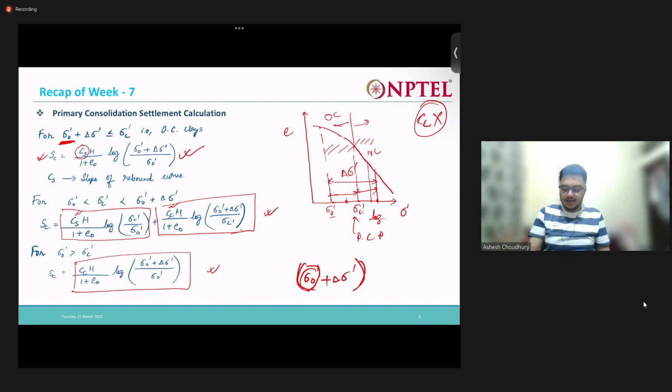And my third case is that my whole soil is normally consolidated, that is my initial stress and my updated stress both are greater than the pre-consolidation pressure. Then we have to use Cc in this case.